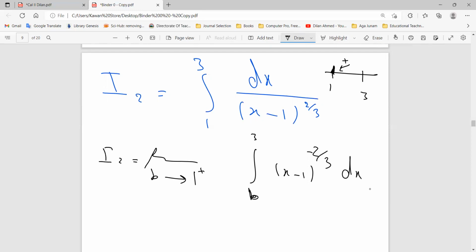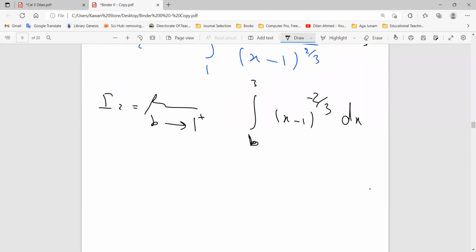Talking about 1, so careful. And I2 will be the limit as B approaches 1 from the right side. And that one again will be what? 3 times the cubic root of (x minus 1), from B to 3. You know how.